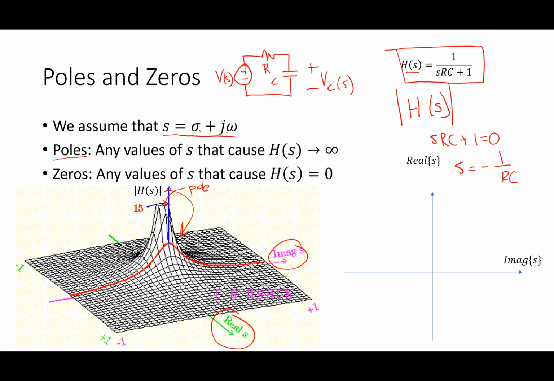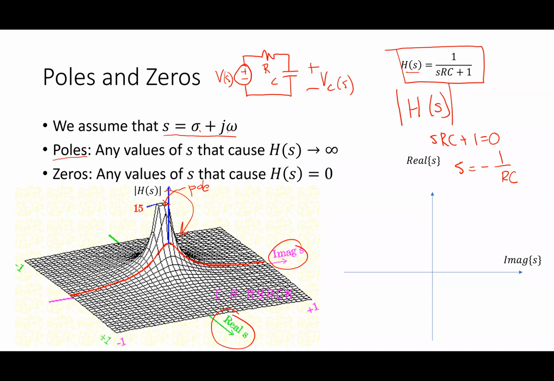That's where the terminology of a pole comes from, all right? Now, we use this term all the time in engineering, poles and zeros. So what's a zero? Well, a zero is any value of s that causes the thing to become equal to 0. So does this transfer function have any zeros? No, it has one pole, all right, and no zeros.